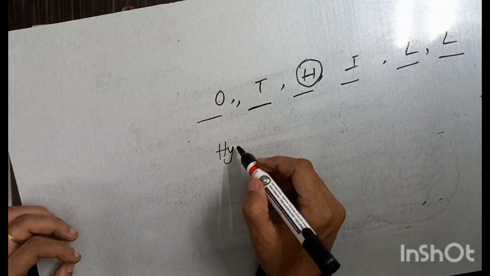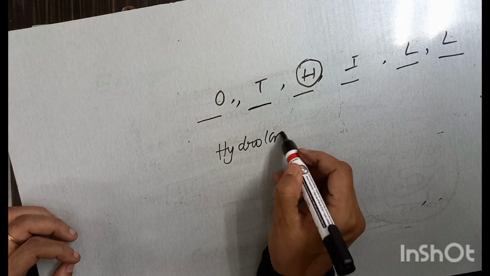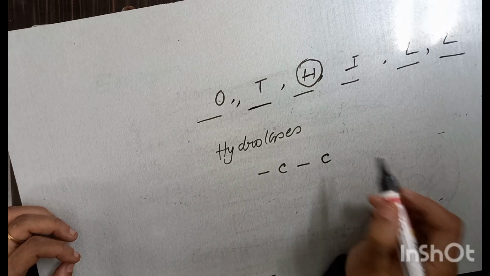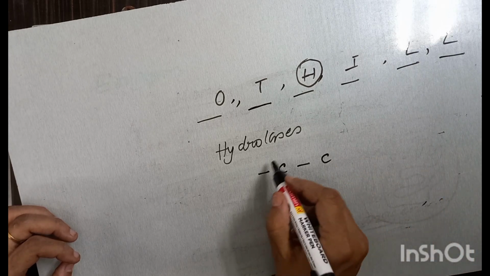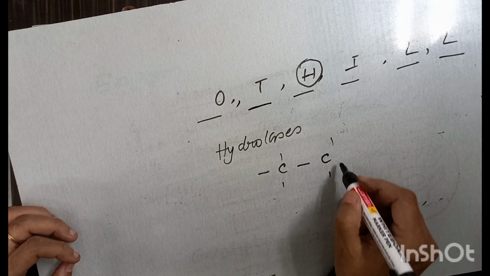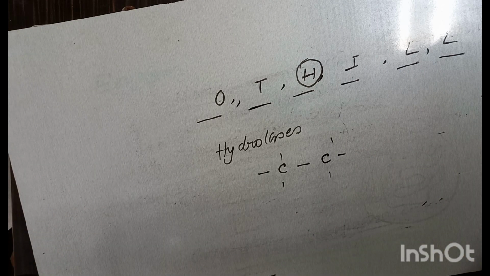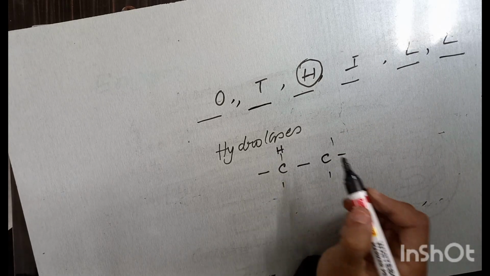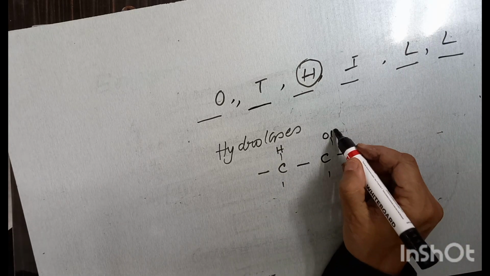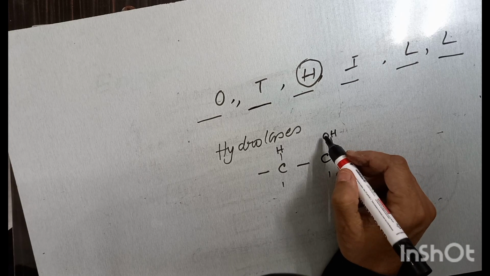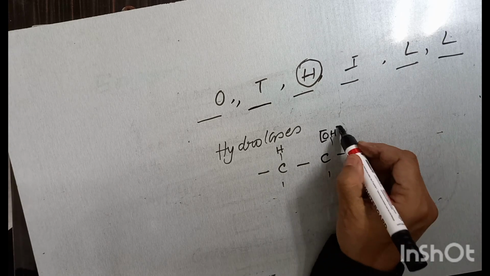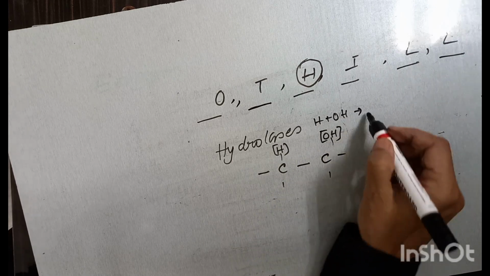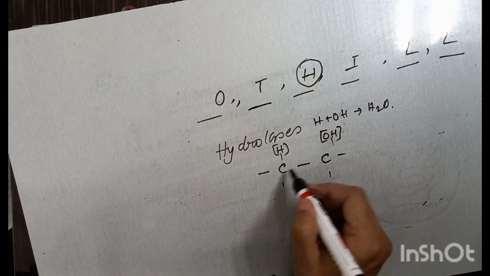What are hydrolases? What do hydrolases do? Say this is one carbon, this is another carbon, and the valencies are filled up. What they do is add water: they add H and OH, the hydroxyl, to these two carbons.